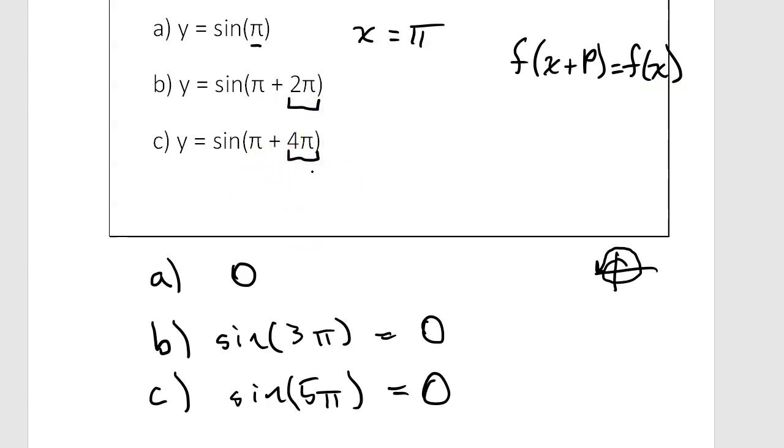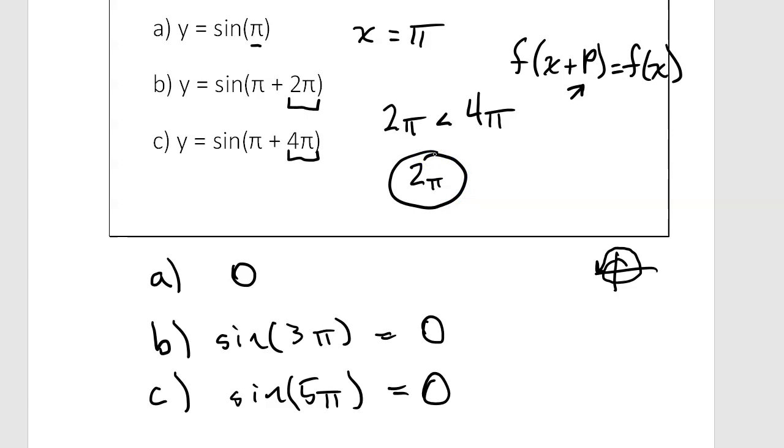Both of those satisfy this definition, so they both satisfy p. However, since 2 pi is less than 4 pi, that means that 2 pi is our period. So this is how you find the period of a function.